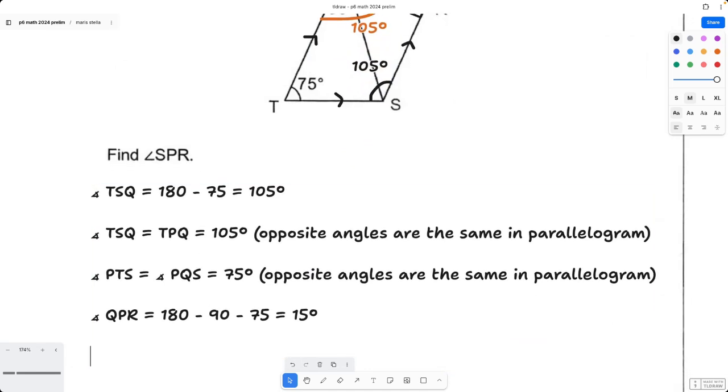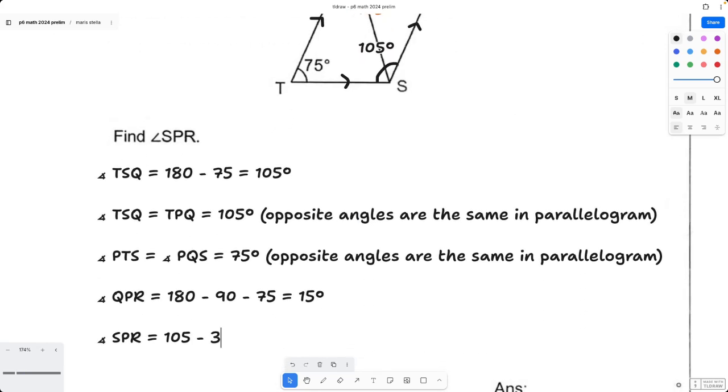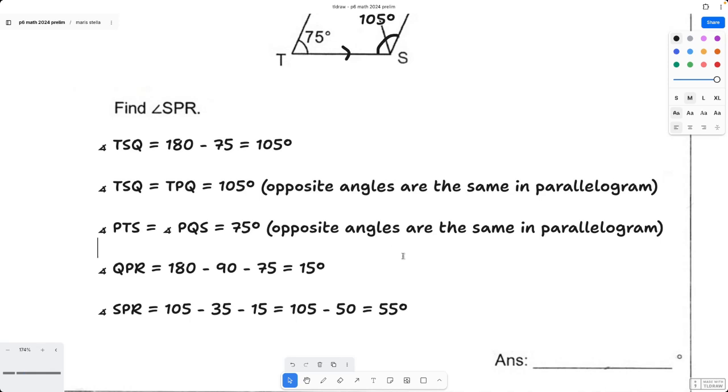Angle SPR is equal to 105 minus 35 minus 15, which is 105 minus 50, which is 55 degrees. So the answer is 55 degrees. Okay, there you go. Okay. 55 degrees. All right.